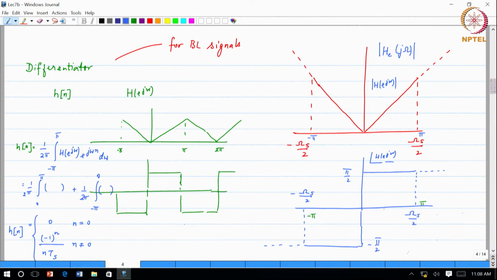Now, you may be wondering, how do I design such a filter? It turns out that if you use the Parks-McClellan method, and there are 4 types of linear phase filters, type 1, type 2, type 3, type 4, if you pick the appropriate type and specify the magnitude response, you will get a filter that pretty much satisfies that, and it should have the impulse response given as follows. So, what are we leveraging?